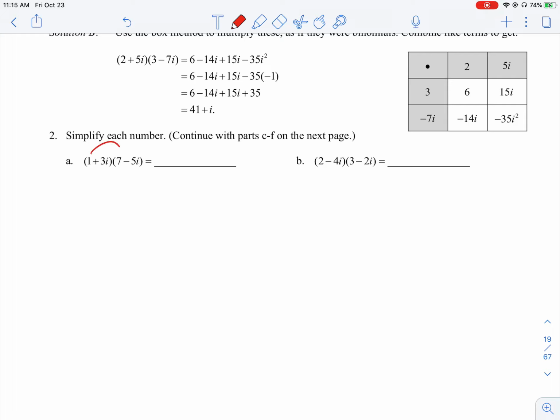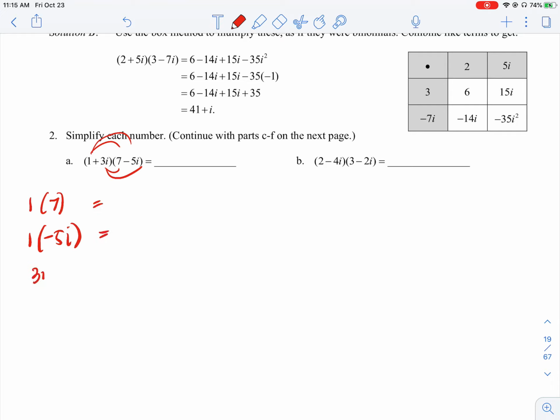Let me distribute that. I'm going to be super detailed for now, and then we'll transition into just doing it by looking. So I have 1 times 7 and 1 times negative 5i.